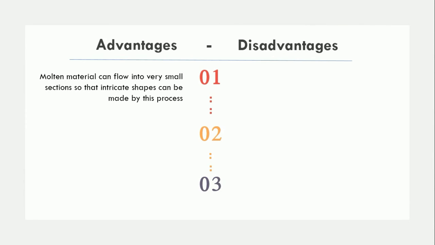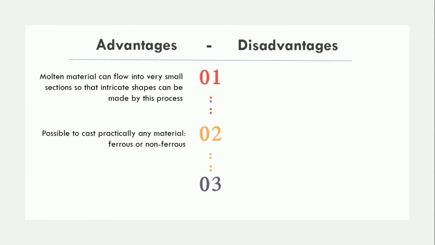First one, molten material can flow into very small sections so that intricate shapes can be made by this process. And as a result, many other operations such as machining, forging and welding can be minimized. So this is the added advantage of sand casting.